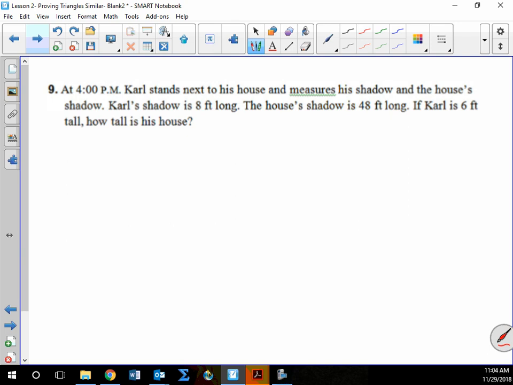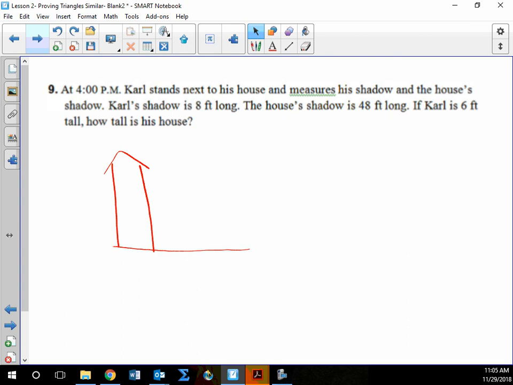So let's go ahead and draw a picture. Here's Carl's tall, skinny house. Here's little Carl. Carl's shadow is 8 feet.